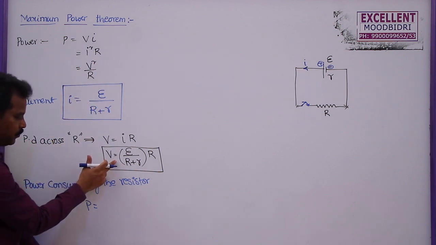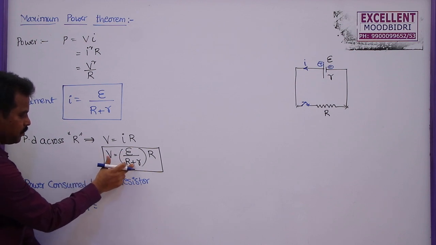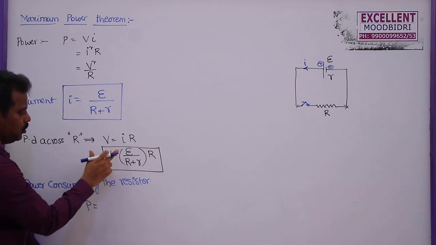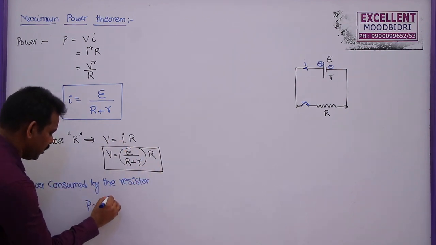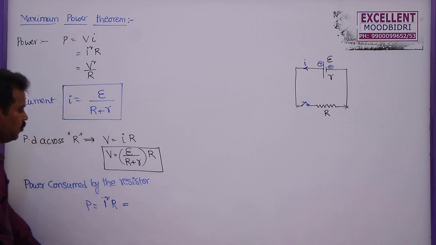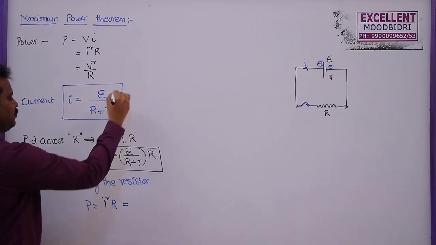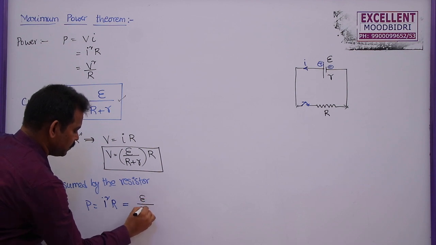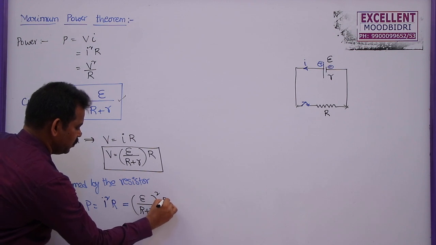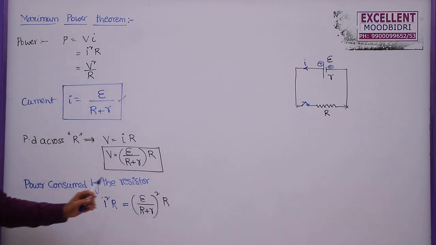If you take the product of voltage, E by capital R plus small r into R, into current E by capital R plus small r, directly we can write I square R. What is the current here? This is E by capital R plus small r. So, I square can be written as E by capital R plus small r whole square into R. This is the power.